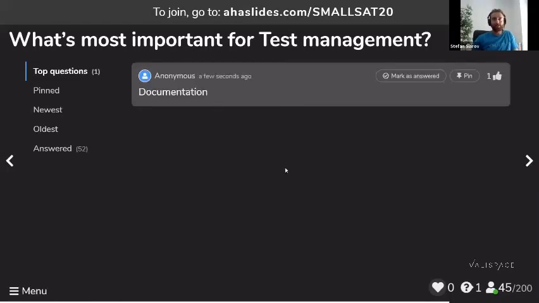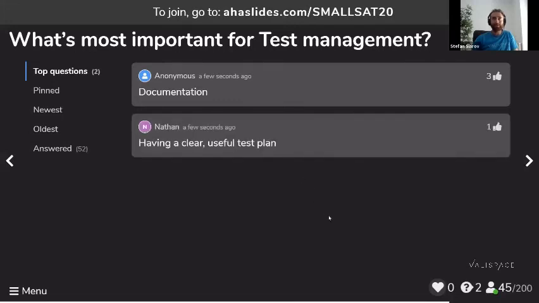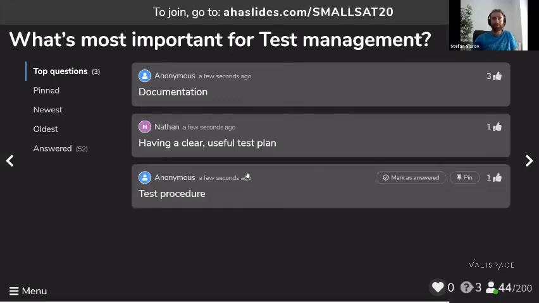So documentation again, I think this is the point in time in which we'll definitely be discussing that: clear, useful test plans, test procedures.